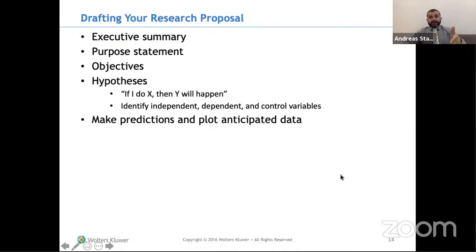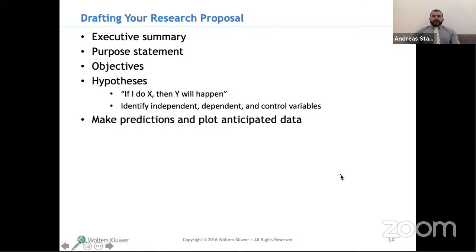So as you see, if I do X, then Y will happen. And that's a guesstimate again, because of everything you've told me out there in the introduction. You've given me everything we know out there in the literature, and that's why you guesstimate this. That's why this is your hypothesis. Again, you can have primary hypothesis and secondary hypothesis.